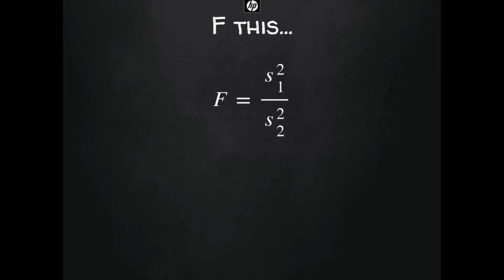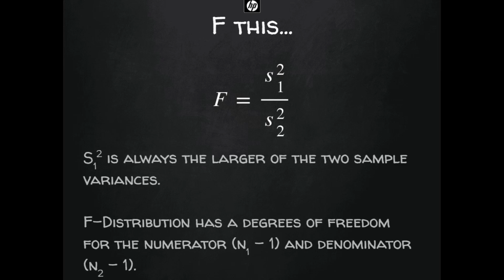Here is the equation for the F-test statistic. It is the sample variance of one sample divided by the sample variance of the second sample. It's really important that when you are using the F-test statistic, the variance that goes on the top, in the numerator of the fraction, is always the larger of the two variances. Here, it doesn't matter which one's sample 1 and sample 2.